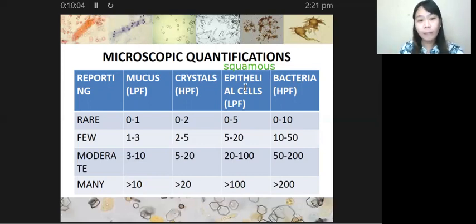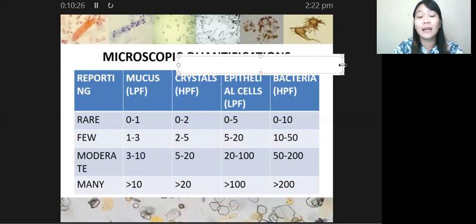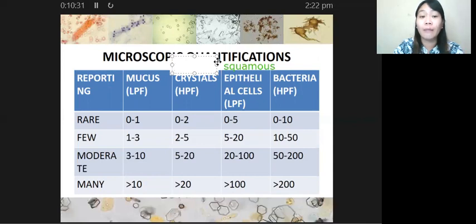Alright, so for the microscopic quantification of bacteria, it is reported as word per HPF. And of course, we have your crystals. Take note, class, there are two kinds of crystals we can see under the microscope. In general, they can be classified as normal crystals or abnormal crystals.